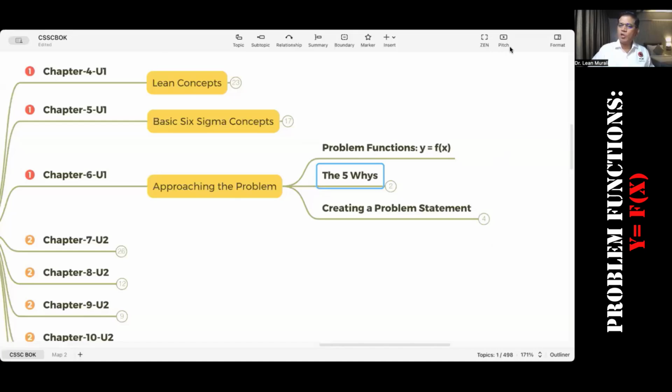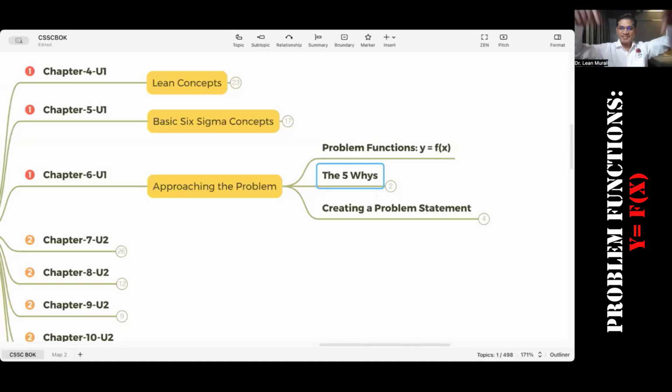Independent variable means it's a cause, and this is a function, and this is the dependent variable because the output is dependent on inputs. The effect is dependent on causes. The outcome is dependent on various factors.